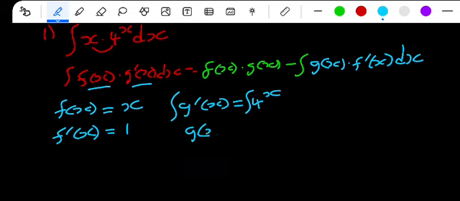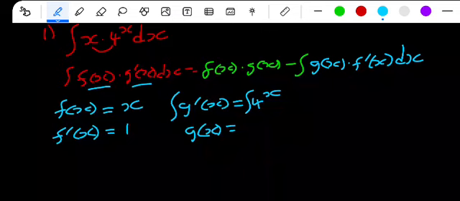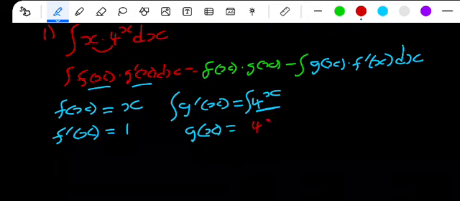G of x. This must be equal to, you integrate, it's an exponential function. How do you integrate that? We rewrite this as it is, 4 raised to the power of x. Remember, we're supposed to divide this by ln.